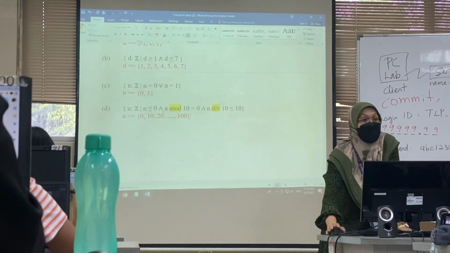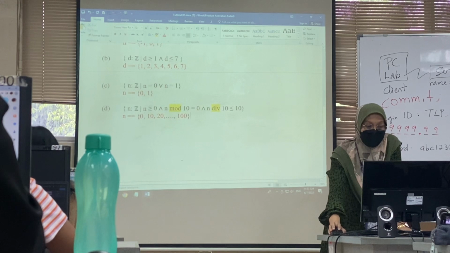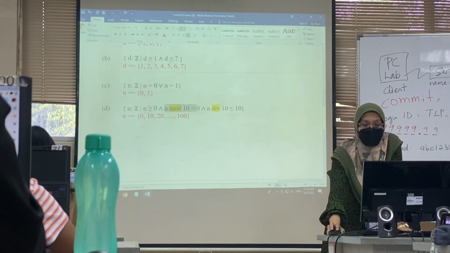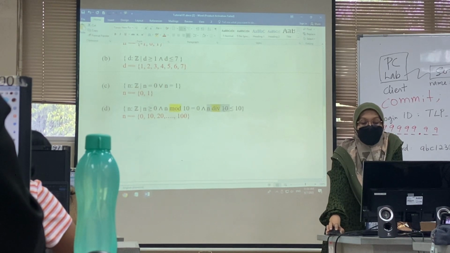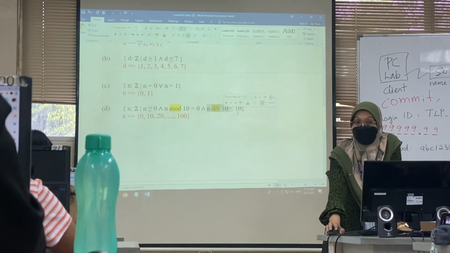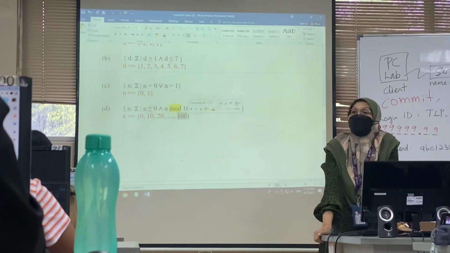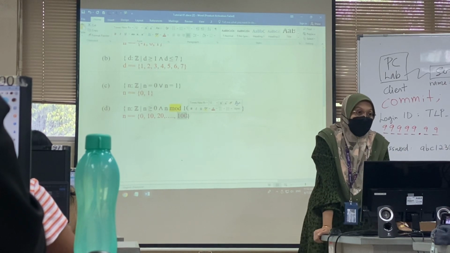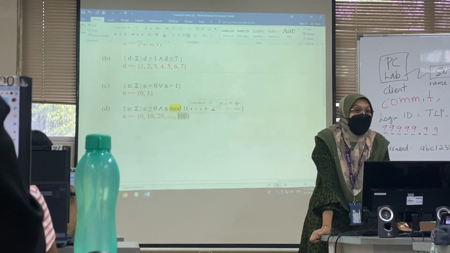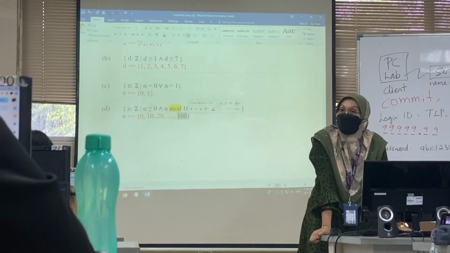Increase by 10, so 110 is correct here also. But 110 divide 10, the answer is 11. So wrong already. So that's why the last value is 100. Okay, understand? Any of you have problem understanding this one?